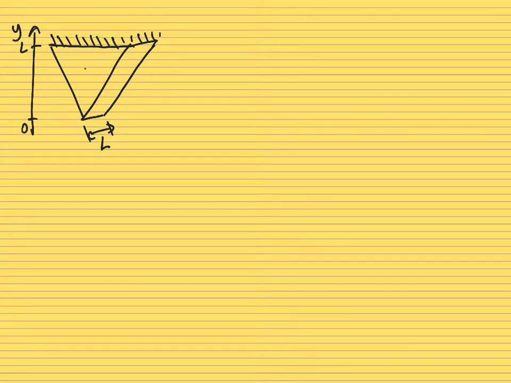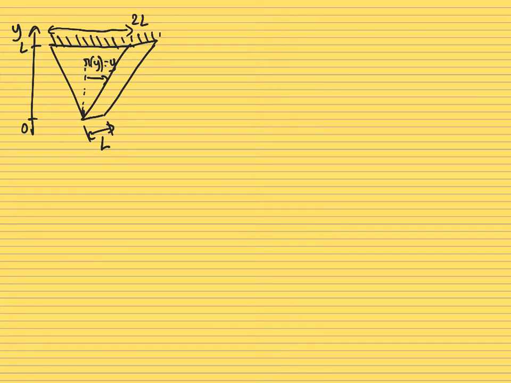Then we are going to introduce the width of the member. We are going to say that this distance we can call R. It depends on y, and it's just going to be equal to y, so that when you reach the top of this member, when y equals L, then the total width would be 2R, where R equals y. So at y equals L, the top becomes 2L.